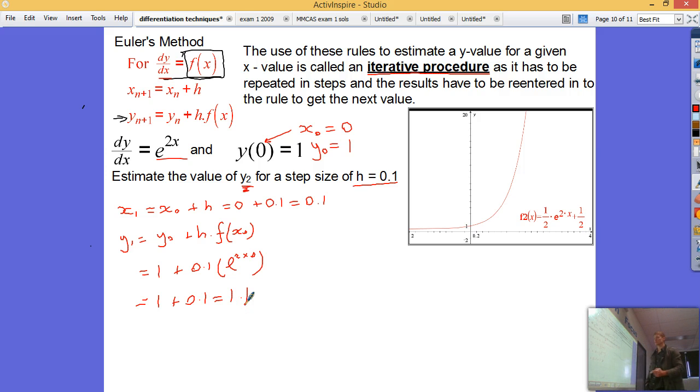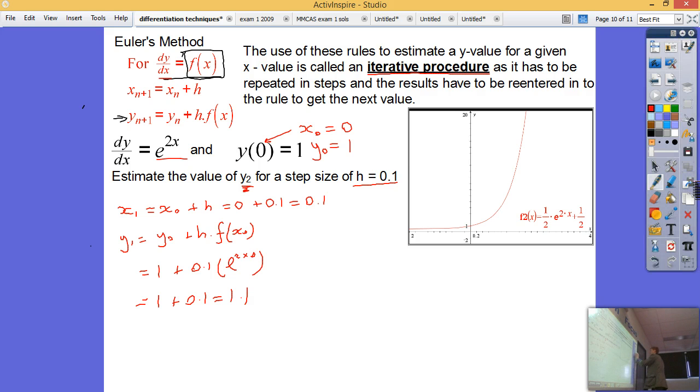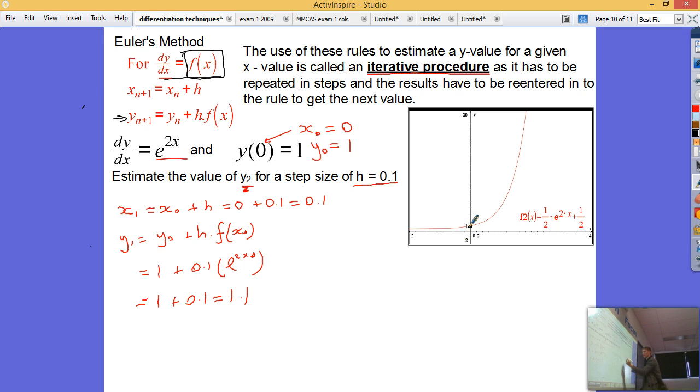Very good. So I've worked out what x1 is and what y1 is. Now I'm going to take that information and use it again to work out the next step. But before we do that, I'm going to put it together on my plot here. When I've worked out x0 and y0, when x is 0, y is 1, that's that point: 0 and 1.